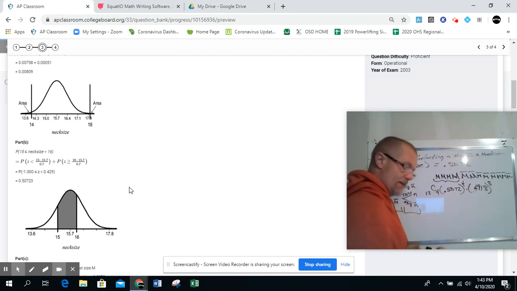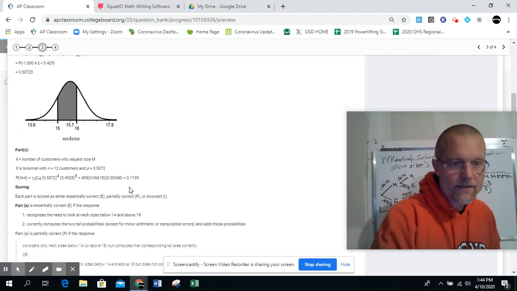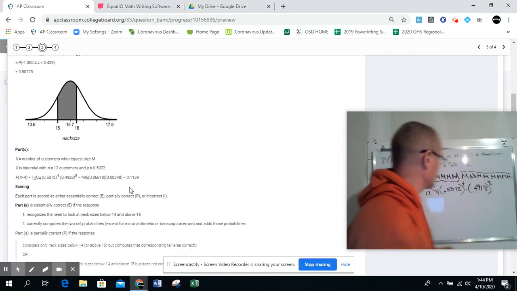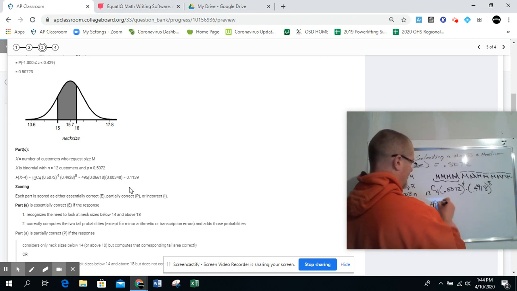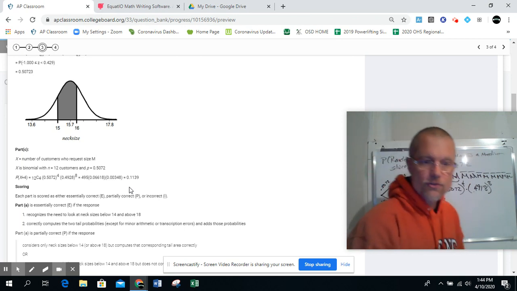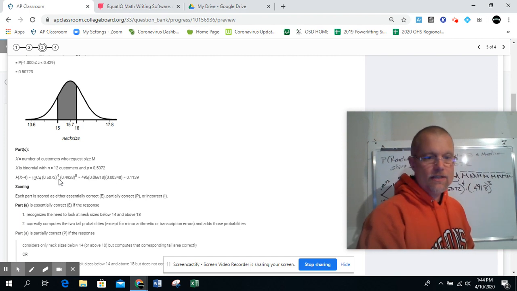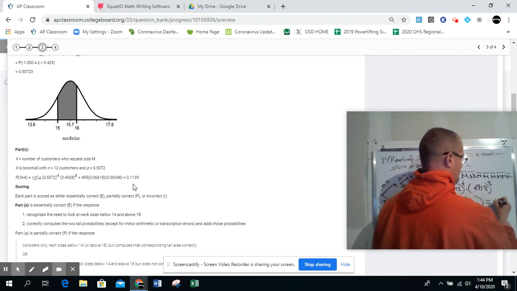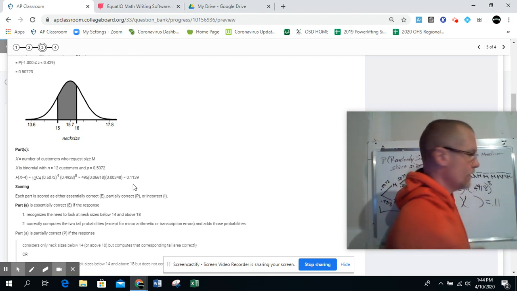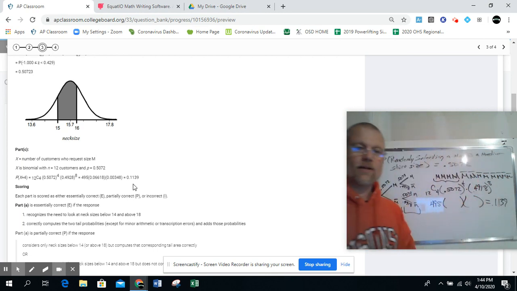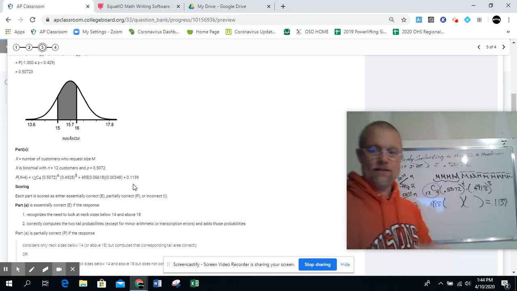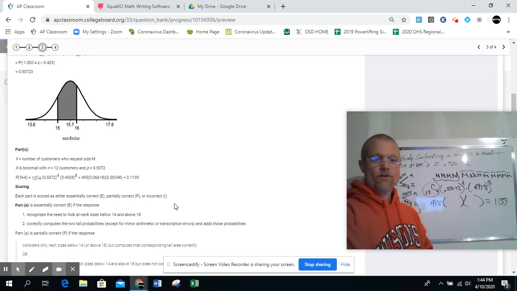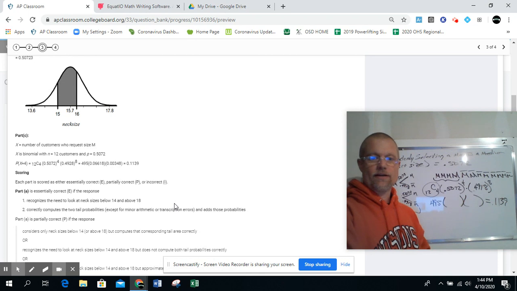So 12 choose 4, I think is like 325 or something, no, 495. 495 times 0.5072 to the fourth, well, it's right there, 0.66. So this comes out to be 0.1139. So that's a binomial probability path, and this is that binomial coefficient piece. If you want to look up a little bit more binomial probability, you can take a look there.